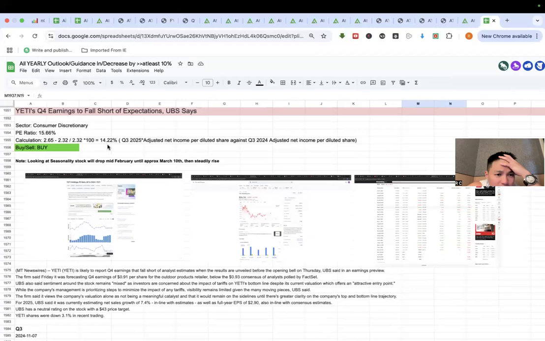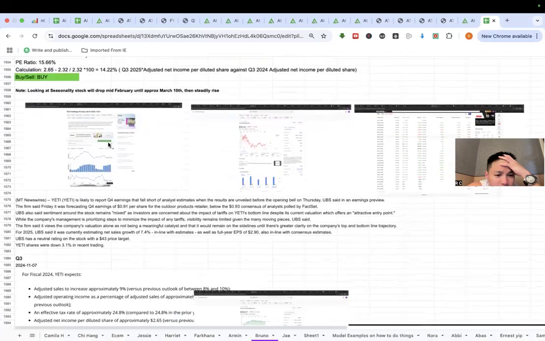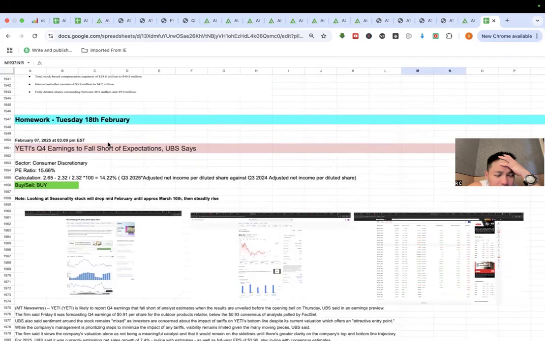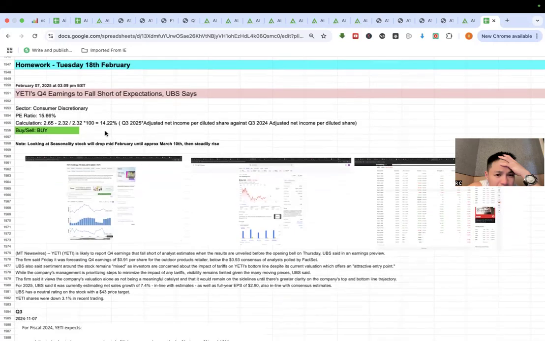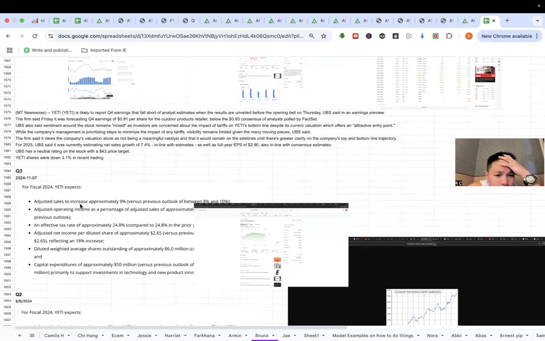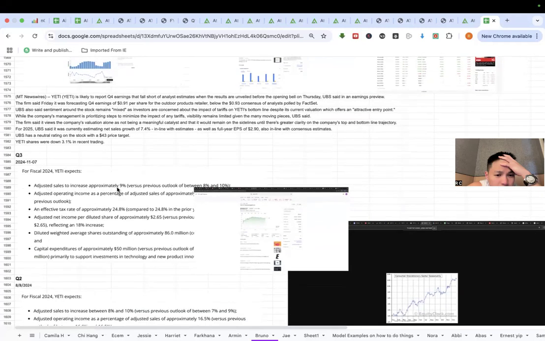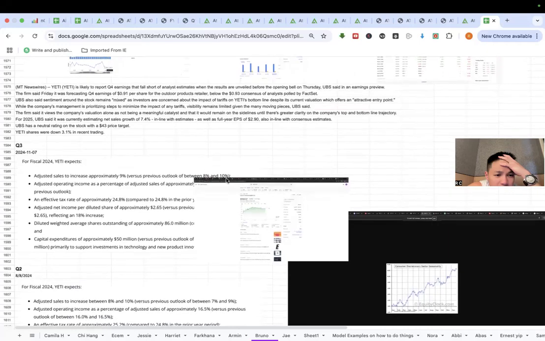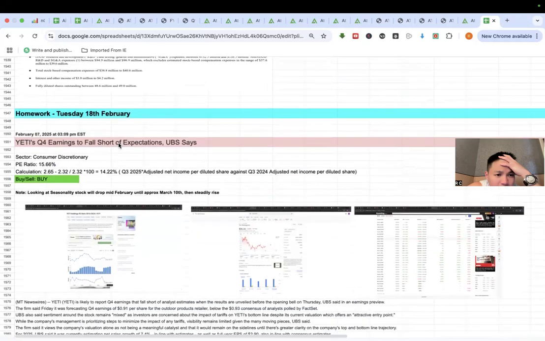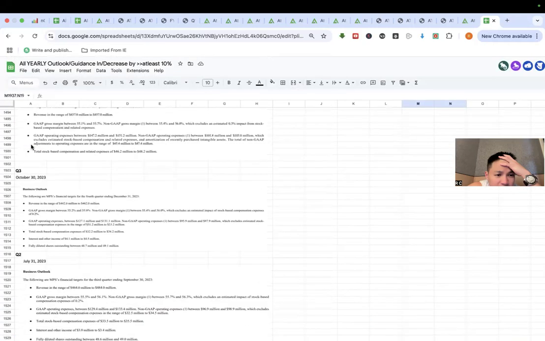This is buy, 14%. Sales increased 9%. Previous was 8 to 9. Okay, a little bit of an increase. Not bad. This is Yeti.